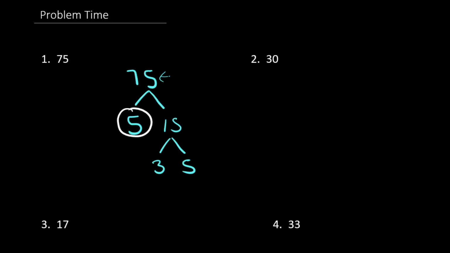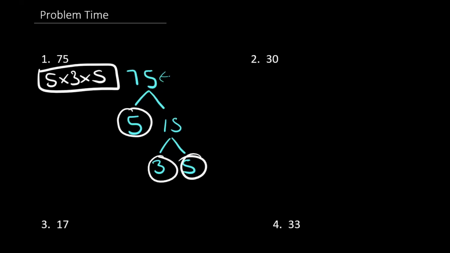So, yeah, we can't break it down anymore. We can't make it simpler. So our answer will be 5 times 3 times 5. So I'm going to write that down. 5 times 3 times 5. Another way to write this would be 5 squared times 3. By doing this, you're just making it easier for you to write, so it'll take less time.